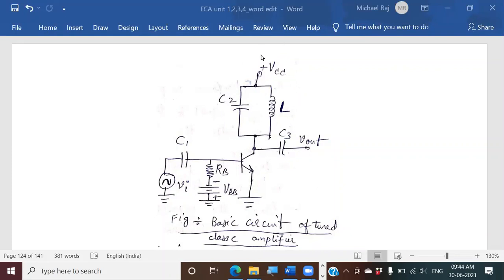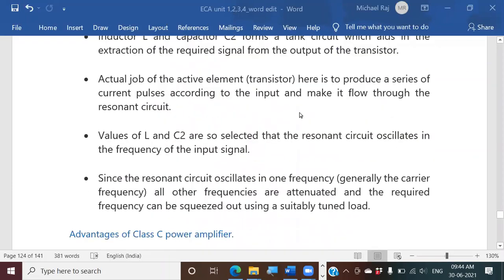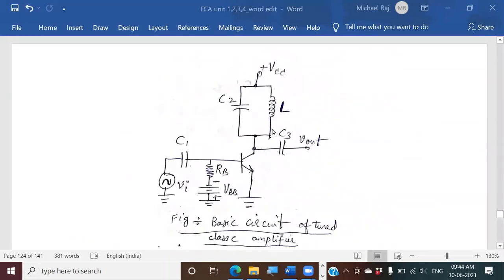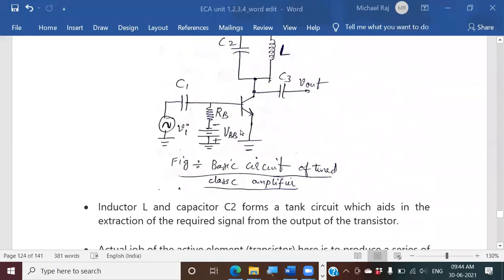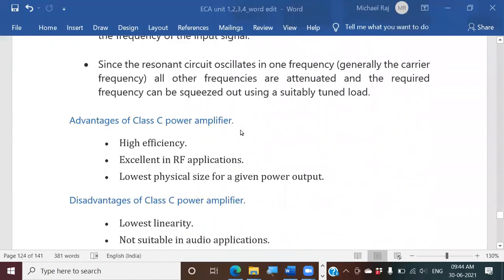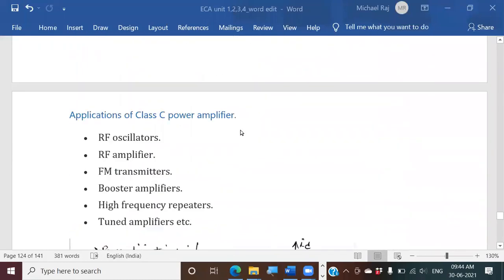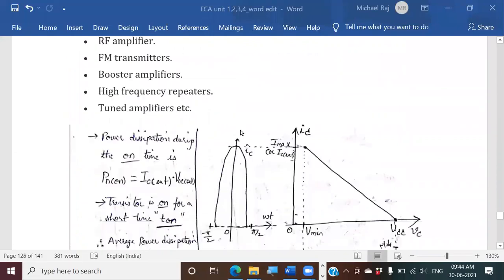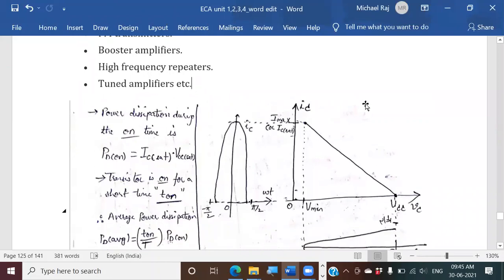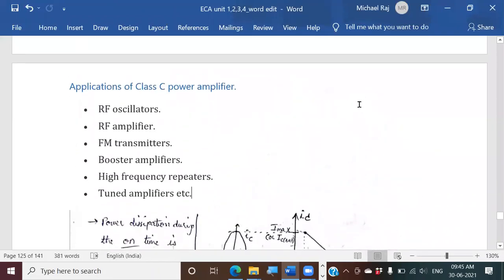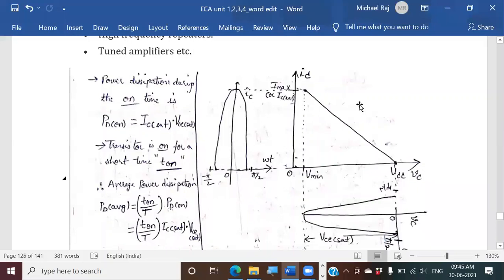When this resistance is high, the gain will be high, and that is the logic. Then we discussed each and every component of this circuit, its advantages, disadvantages, and applications. Next, we will discuss the efficiency of this particular class C amplifier.